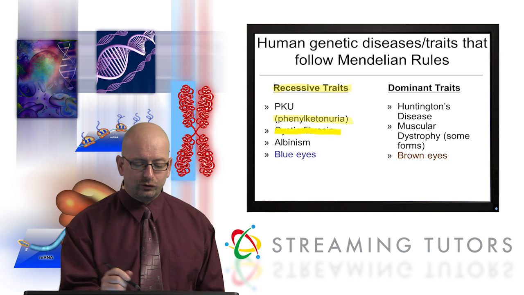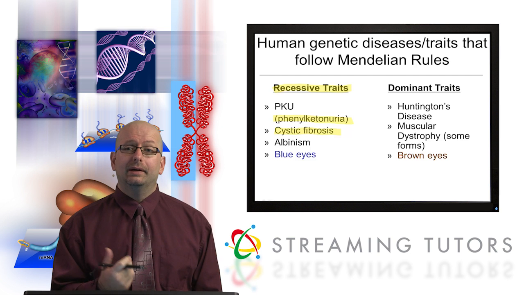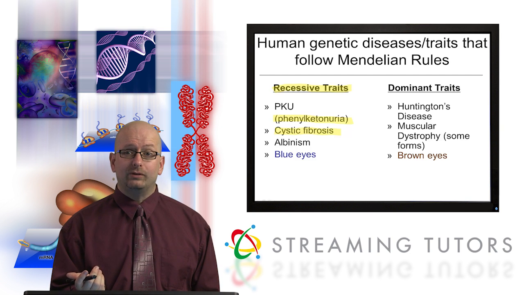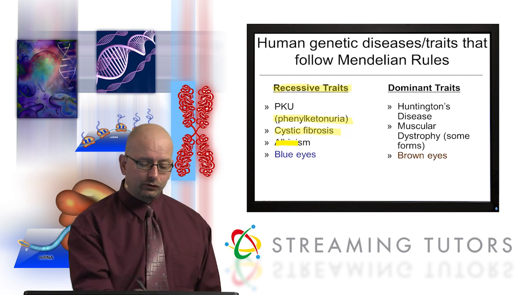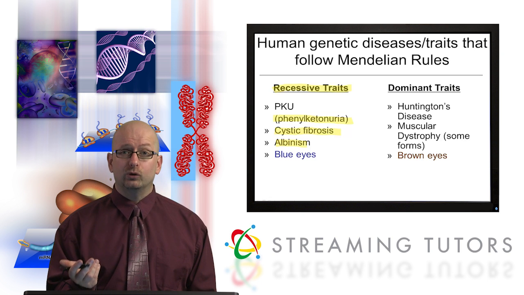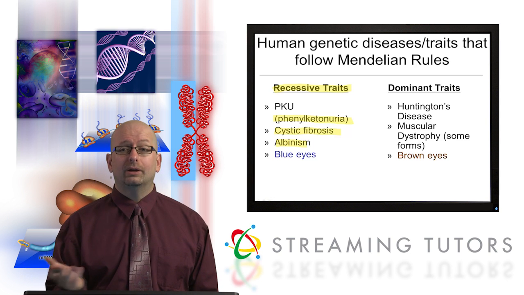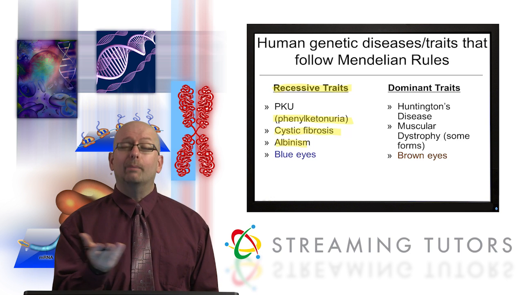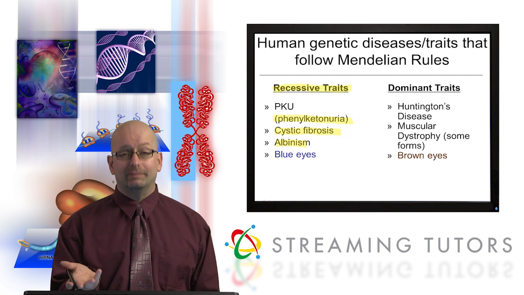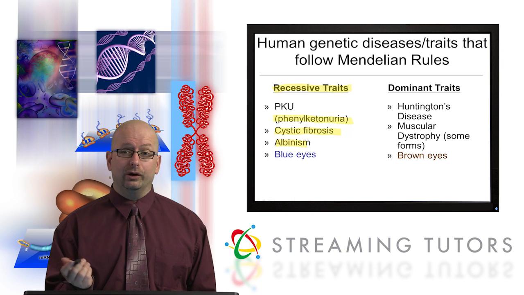Cystic fibrosis, we just mentioned, it's a defect in an ion transporter that's inherited in a recessive way, strictly recessive. Albinism, you wouldn't say is a disease, but it's a condition where an individual can't produce melanin, and people who are albino can be of any race. Again, if two albinos were to have a child, they would be albino, but a lot of times the parent is a carrier.